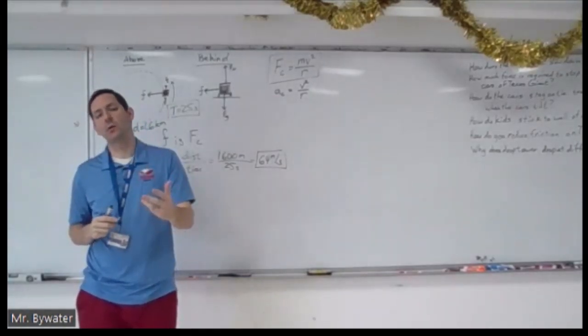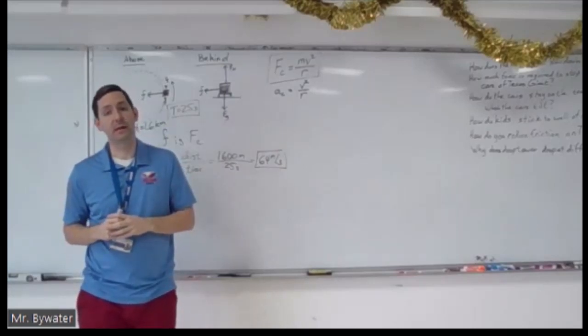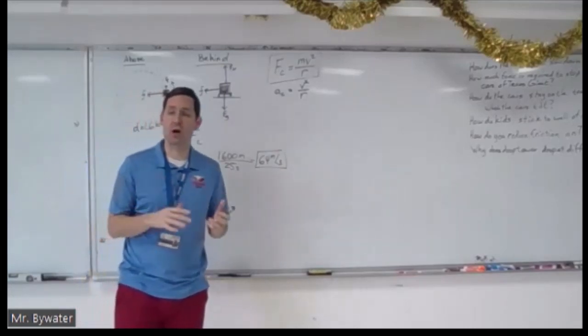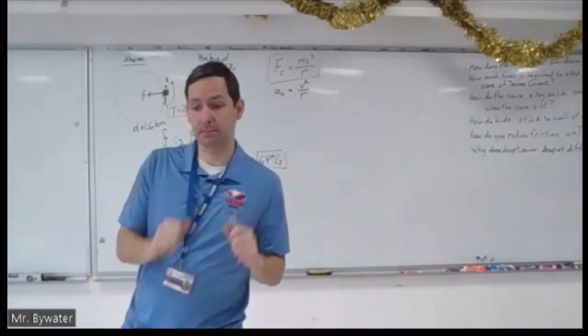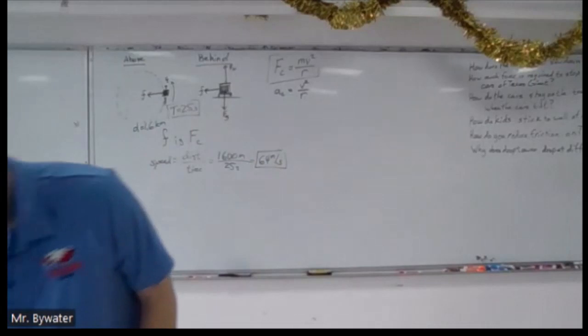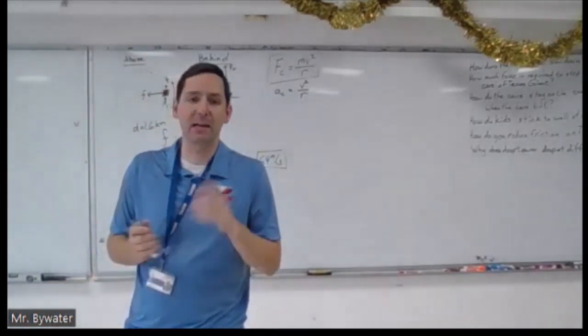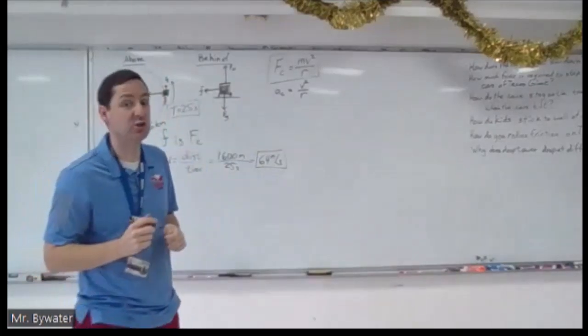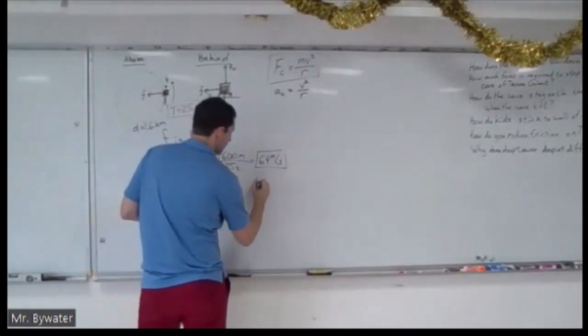So now the question is, what would be the centripetal force on the car? Now, in order to do that, we do need a mass. So in your packet, I tell you that the mass of the car is 2,000 kilograms.